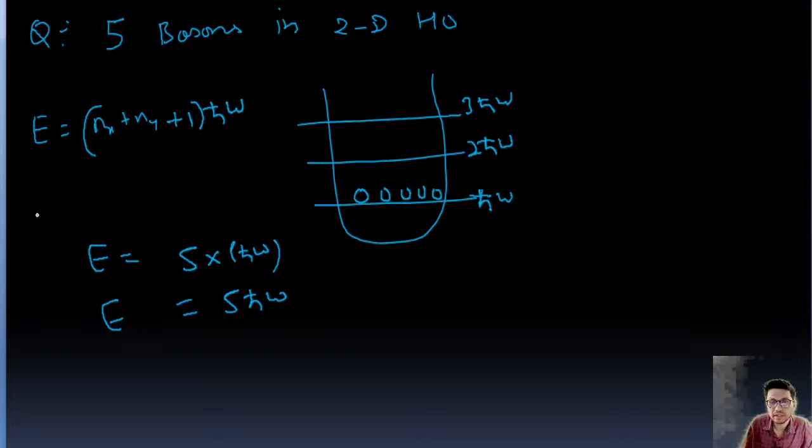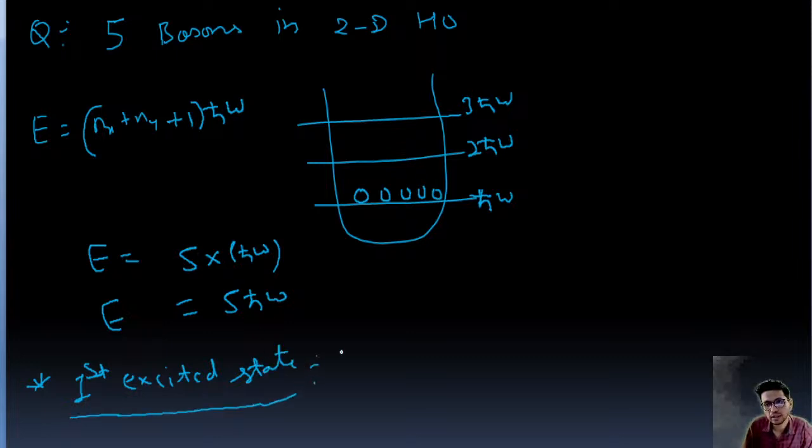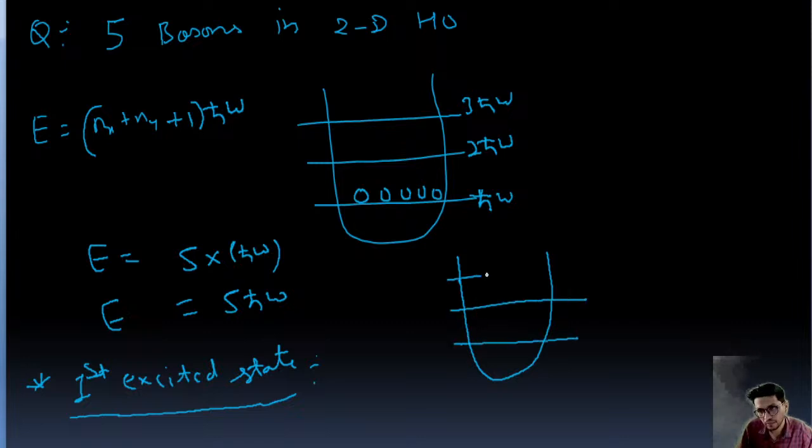Next point. Now for the first excited state, this is the ground state energy. For the first excited state, what will be the energy? This we need to find out. Here the levels are the same: h cut omega, 2 h cut omega, and 3 h cut omega for the 2D harmonic oscillator.